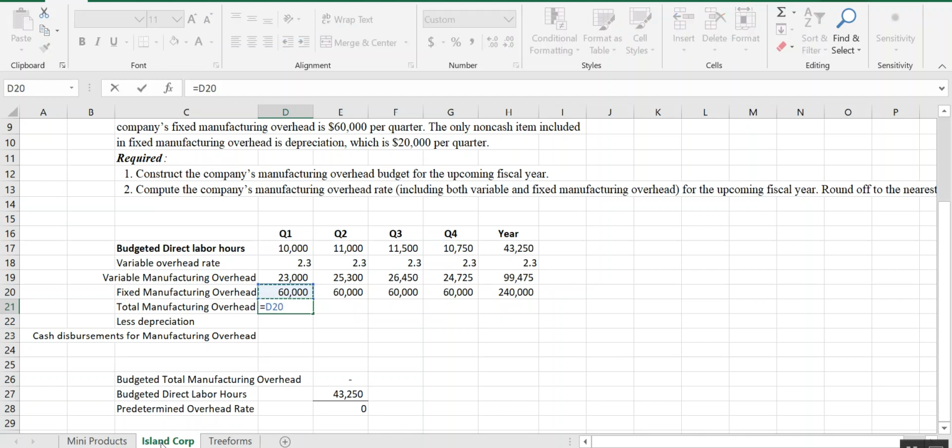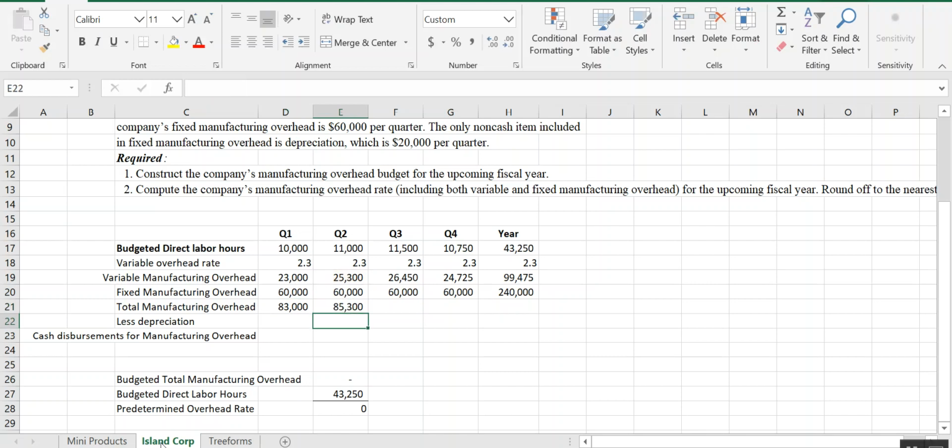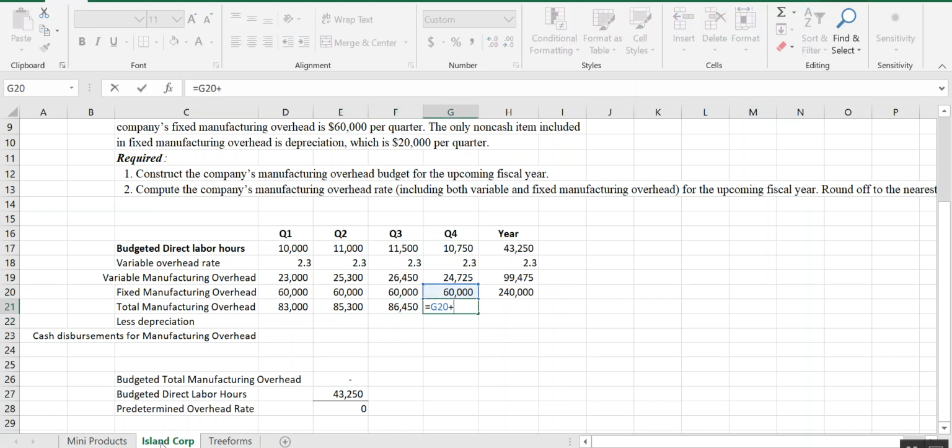And we're going to add the fixed overhead and variable overhead together to get total manufacturing overhead of $83,000 for quarter one, $85,300 for quarter two, $86,450 for quarter three, and $84,725 for quarter four.